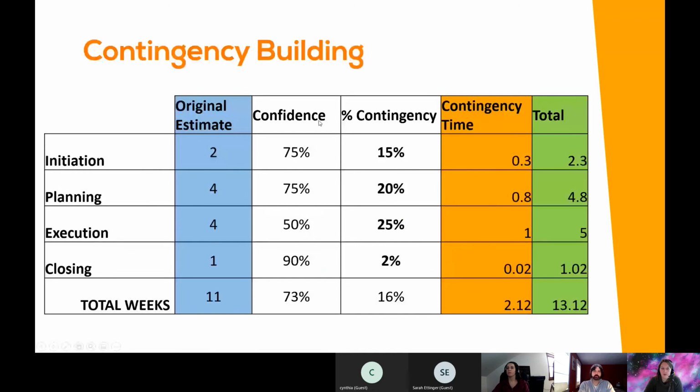Now, there are 2 different ways of doing this. The first way is you have your original effort. You say, I'm 75% confident. Then I could multiply this by 0.75 and 0.125, so I'm giving myself a 25% gap on either side in terms of the range.